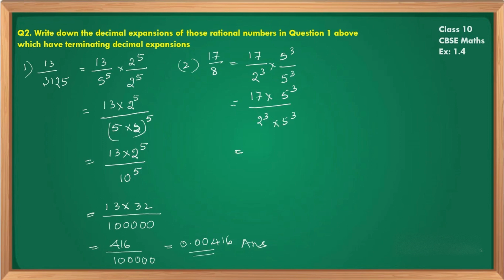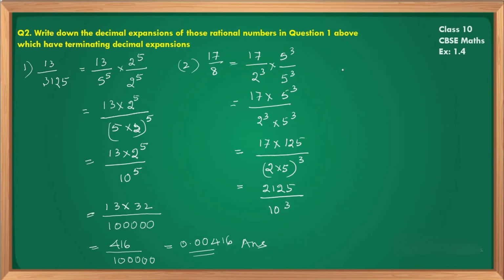Now next step is 17 into 5 cube gives you 125 multiplication. Here, in the denominator, you can club both 2 cube and 5 cube this way, 2 into 5, and then put the power on the top. Next step is 17 and 125 gives you 2125, upon 10 cube.